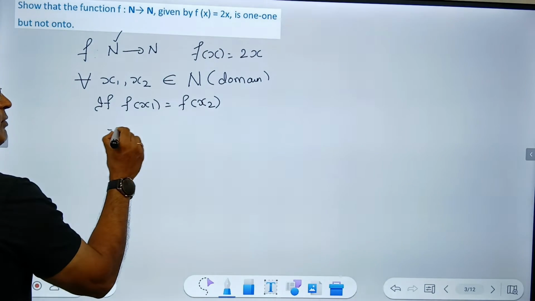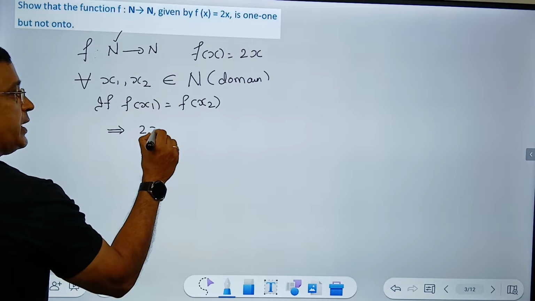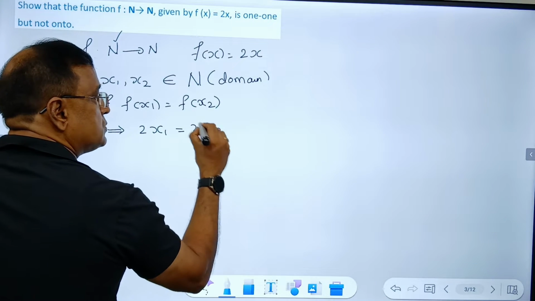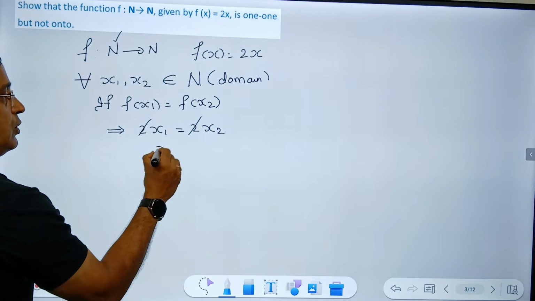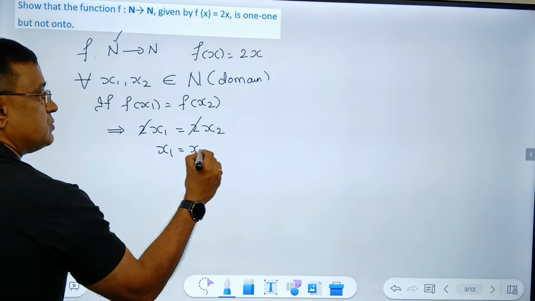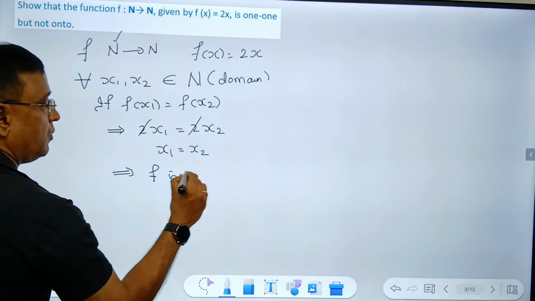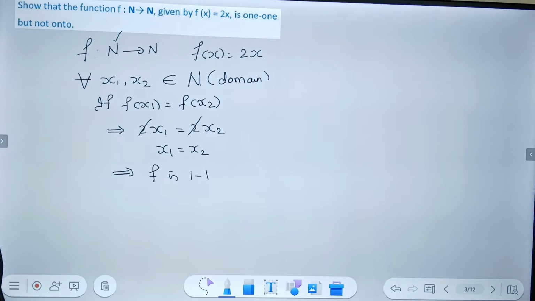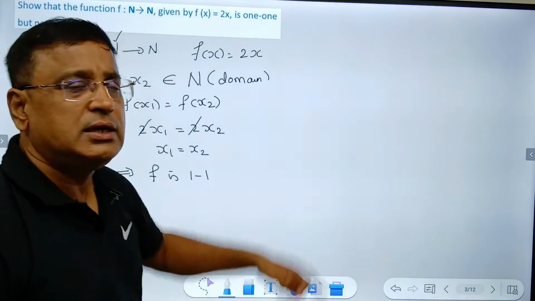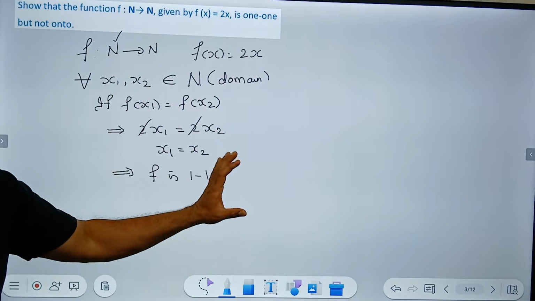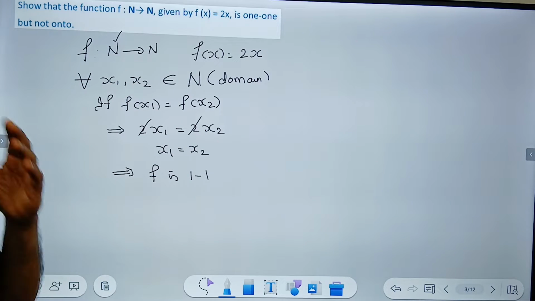So f of x1 will be 2x1, and f of x2 will be 2x2. They get cancelled, and you get x1 equals x2. This implies f is one-to-one. Obviously 2x is an even number, so all natural numbers go to even numbers. So this is a one-to-one function.